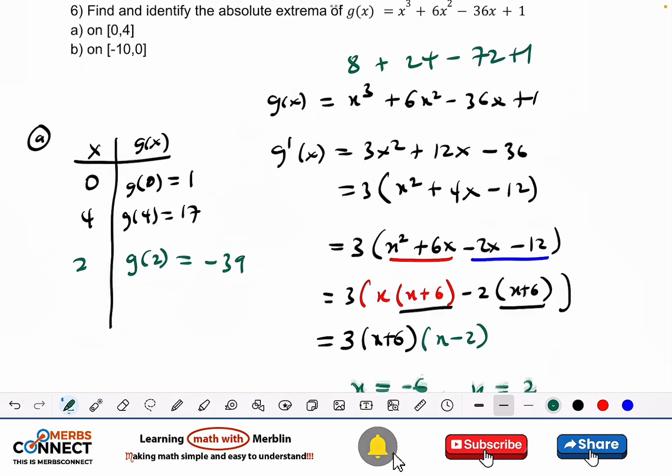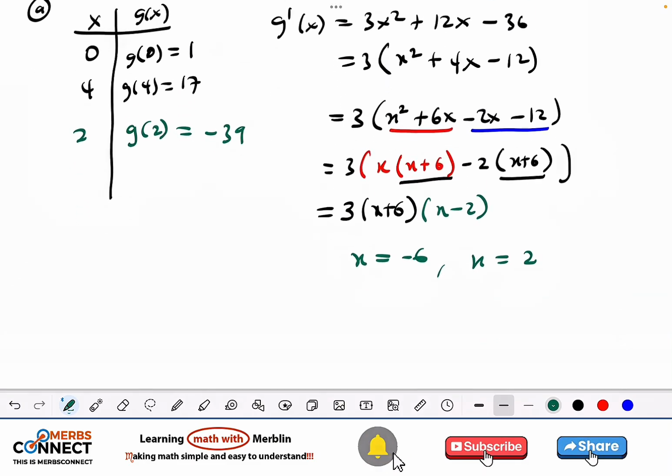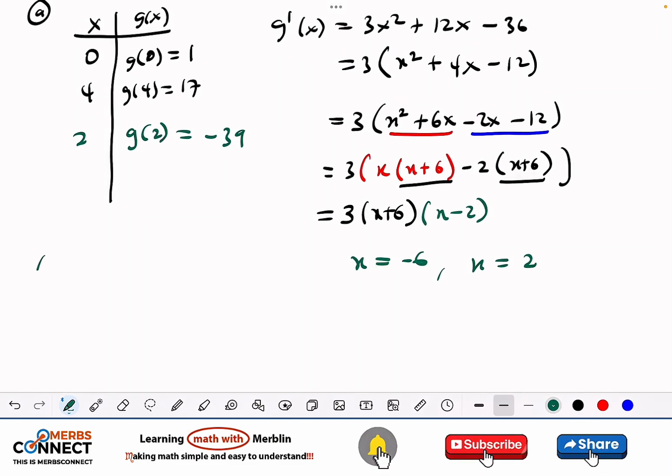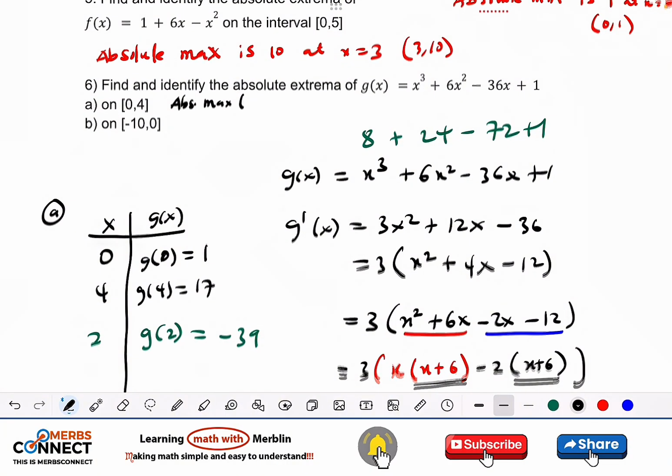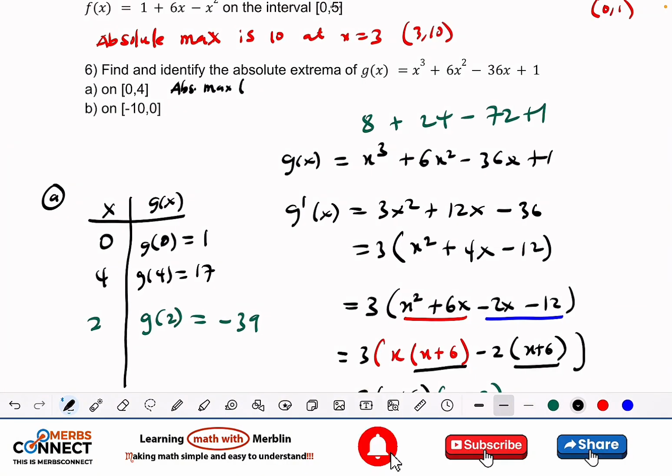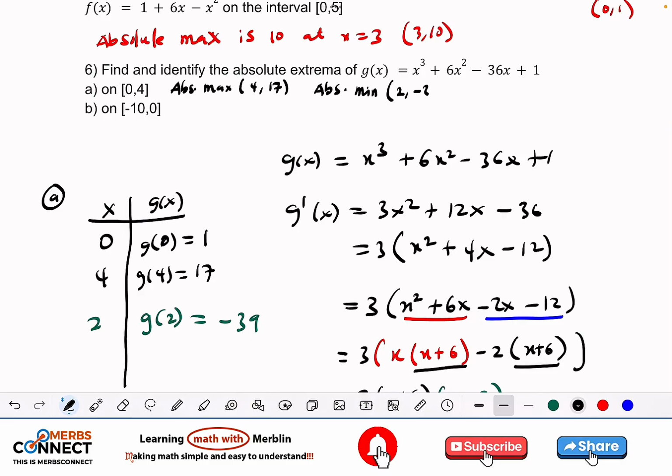Good. So now we can conclude from here, from A, that the absolute max, let me just write it in coordinate form, is 4 and 17, and then the absolute minimum is 2 and minus 39.